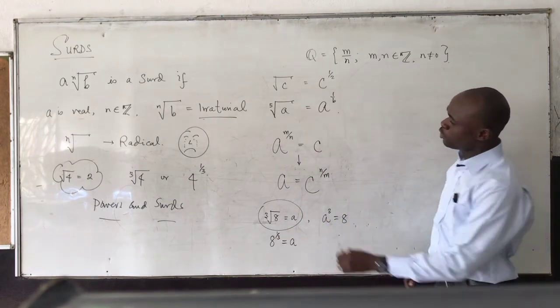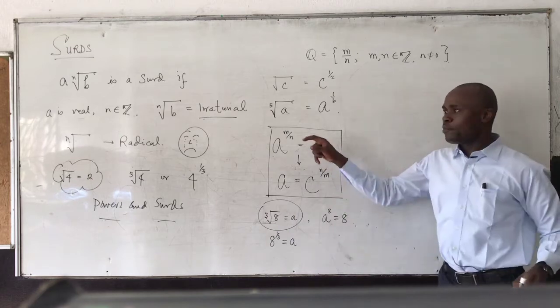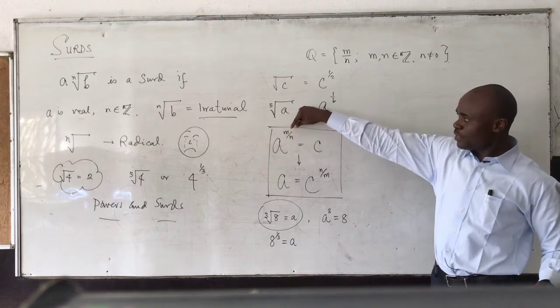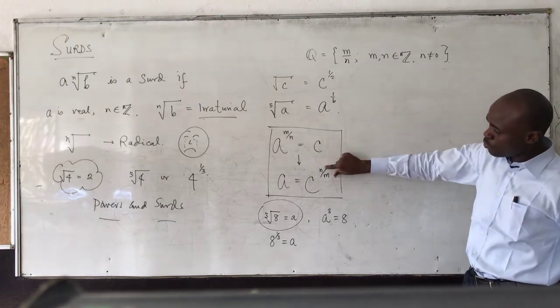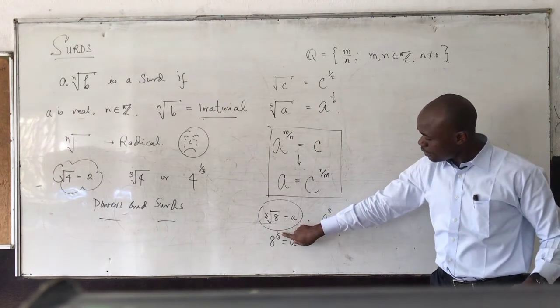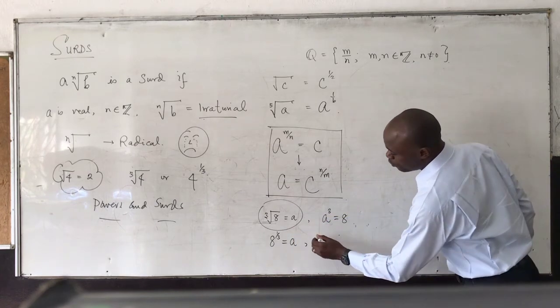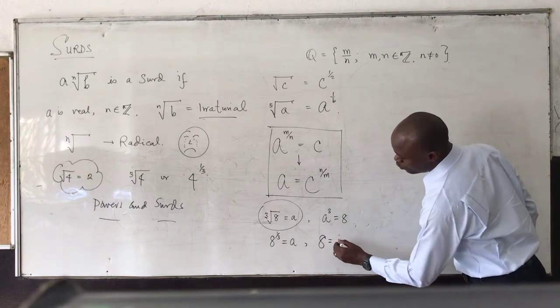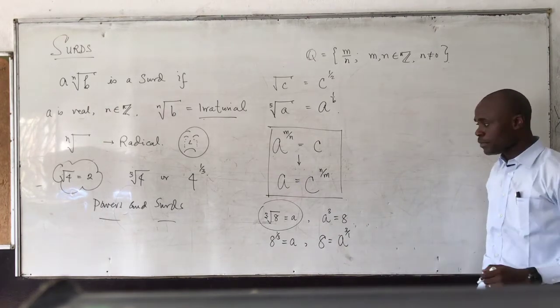And by my discussion here, I'm simply inverting, or reciprocating, this to have this. So if this is 1 over 3, then taking this out to this side of the equality sign, this is simply going to be 8 equals a raised to the power of 3 over 1, which is actually this.